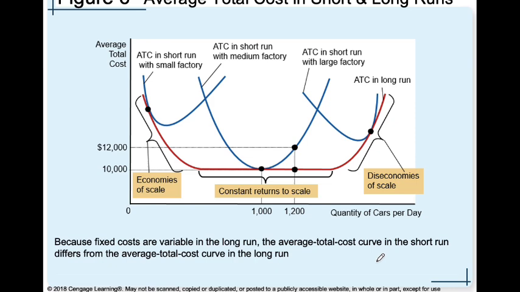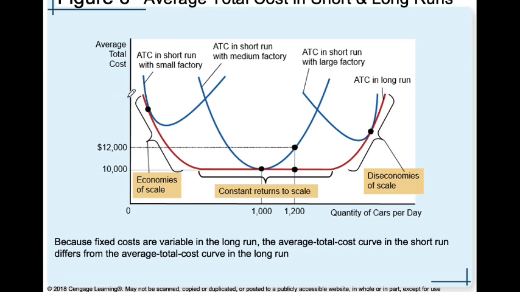So if you take a look at this graph, you realize that when you look at the long run cost curve, you notice that there is a period in which average variable cost curves.